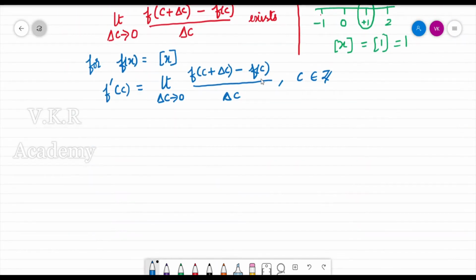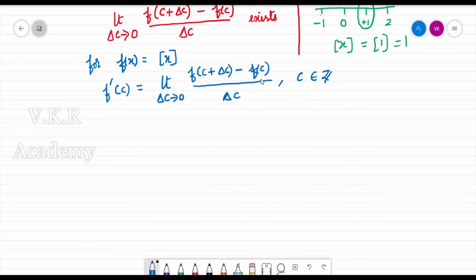Now if this limit exists, then we say f is differentiable for all c belongs to z. If this limit does not exist, then we say f dash of c does not exist, that is f is not differentiable for any integer value of c.